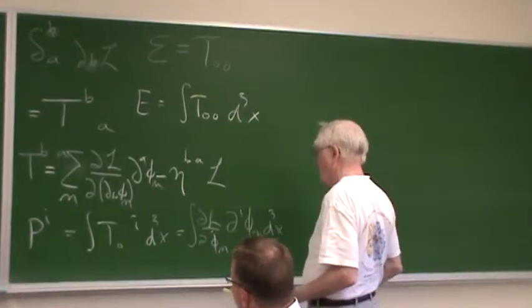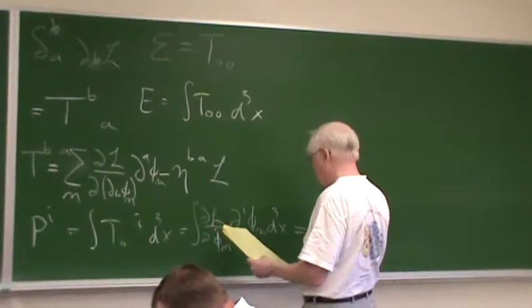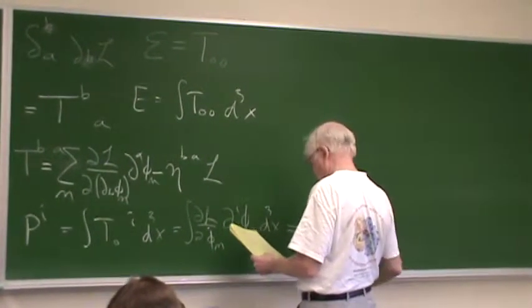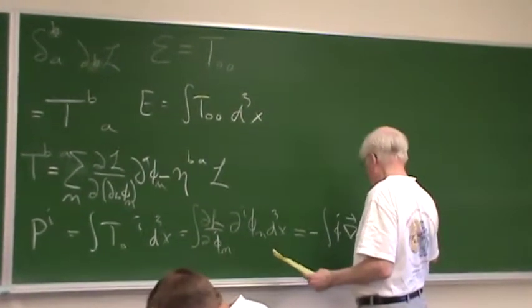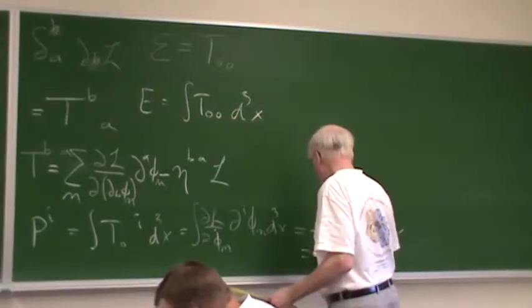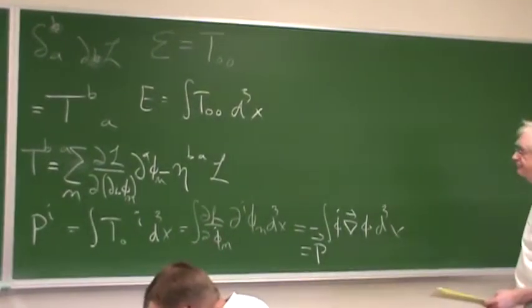And so for that simple theory, this thing is minus phi dot grad phi d cubed x. And in that case, that would be p vector, the conserved momentum.